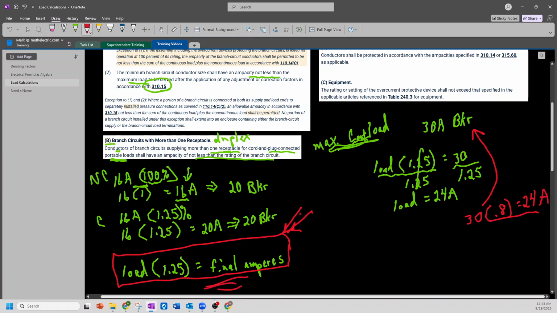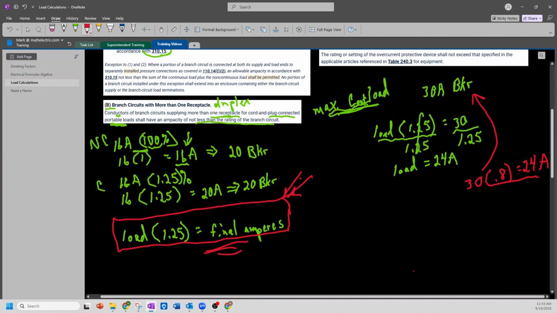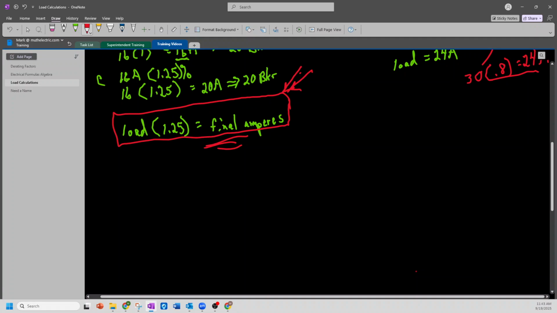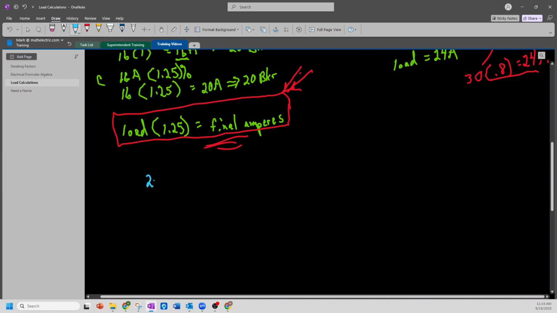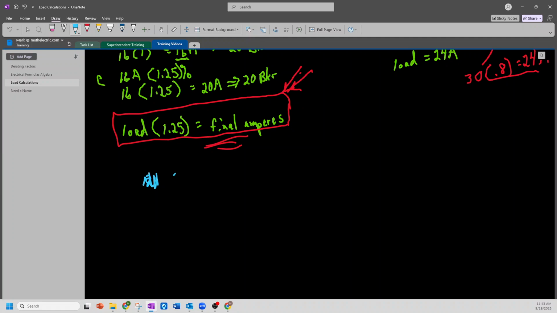So let's do another example. I got 26 amps of continuous, and I have non-continuous of 12 amps.